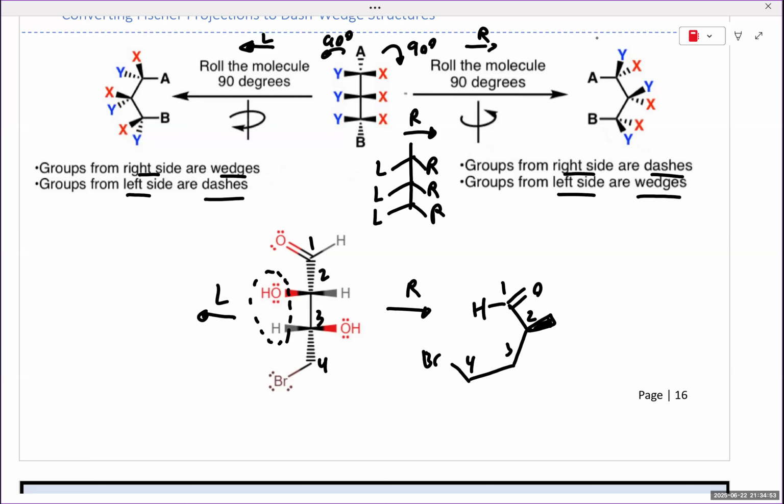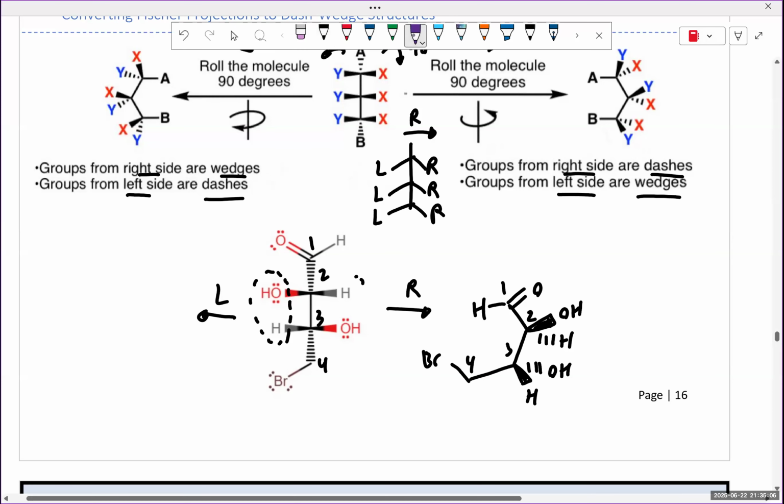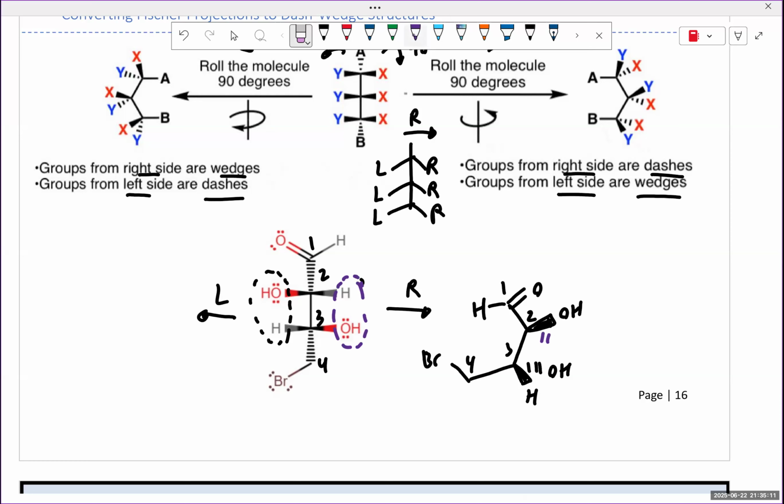So the alcohol is wedged, hydrogen on carbon 3 is wedged, while all the groups on the right get a dash. So this hydrogen would be dashed, and the alcohol on carbon 3 would be dashed.